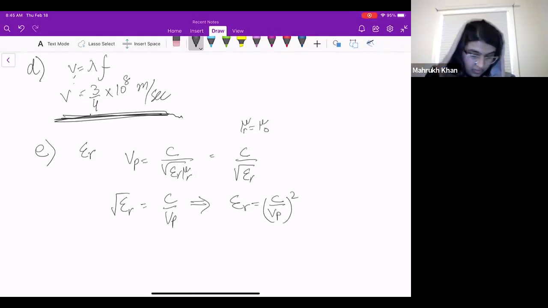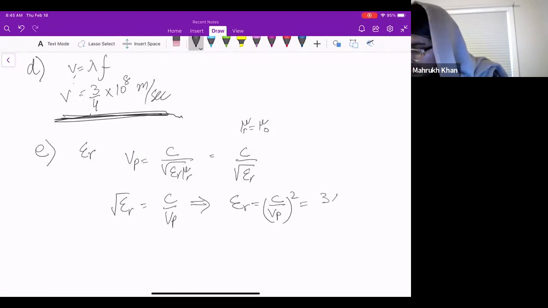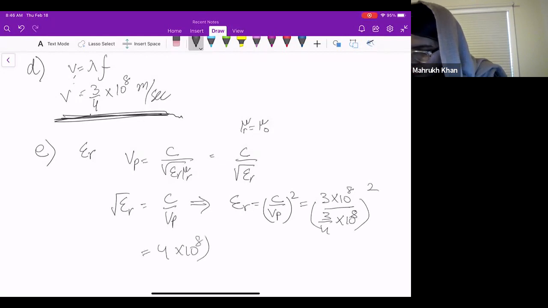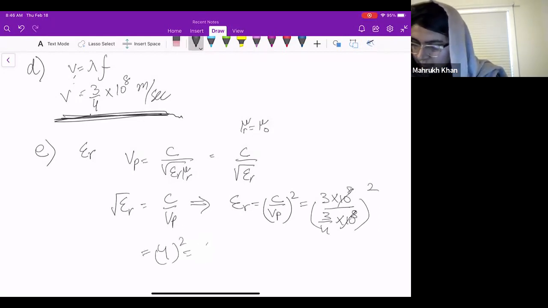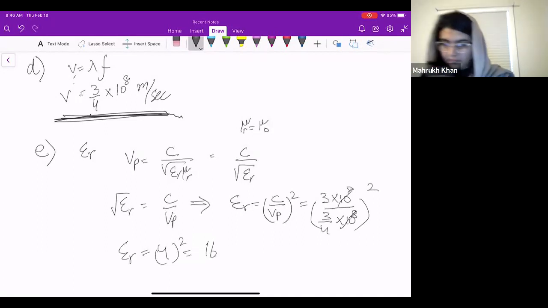It will be 3 into 10 to the power 8 by 3 by 4 into 10 to the power 8, squared. The 10 to the power 8 will be canceled, and it will be 4 squared. So it will be 16.